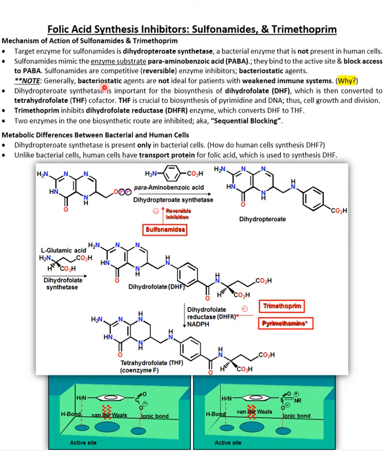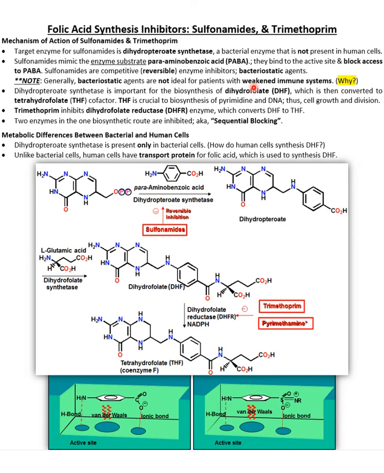Unlike the bactericidal, which will actually kill the bacteria and does not need help from the immune system. So if you have someone who has a weak immune system, then it's not going to be able to attack the bacteria, and the bacteriostatic will not be ideal in our case. I hope this makes sense to you.